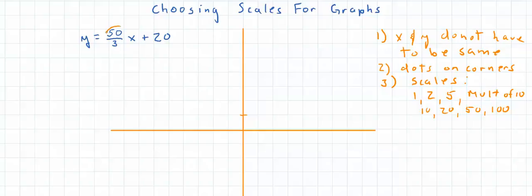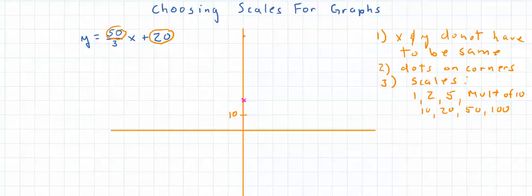We're going to look at how far we go up. I'm going up by 50. My intercept is 20. A scale that makes sense is going by 10s on the y-axis, because my intercept is 20, which is here. And I go up, let's do this in a different color, and I go up by 50, which is 10, 20, 30, 40, 50.